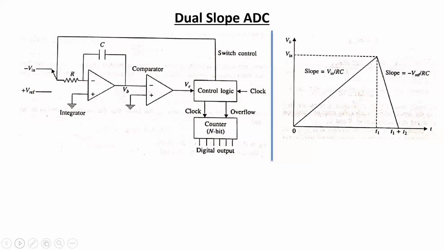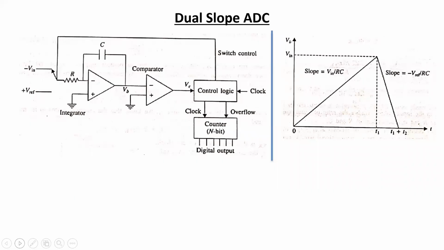Okay, the possible disadvantage is that the overall conversion time is going to be higher compared to the single slope ADC, because in dual slope ADC the integration is done twice. Once the input voltage is integrated, then the reference voltage is integrated.